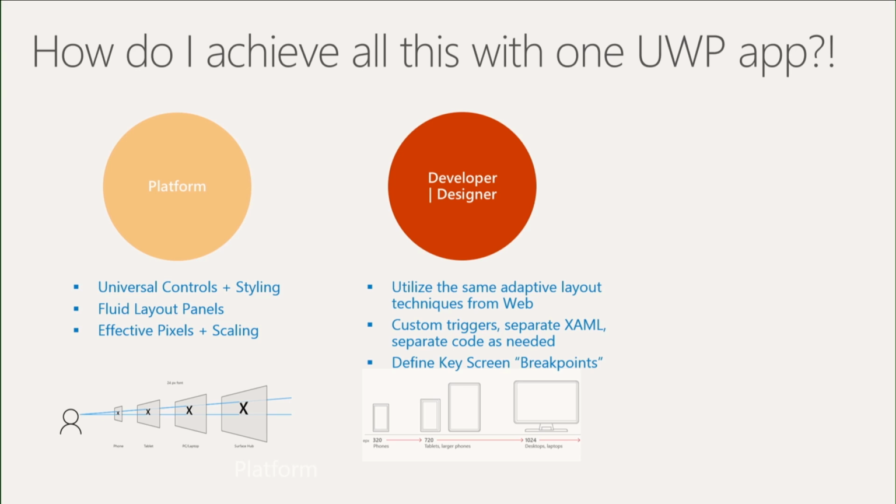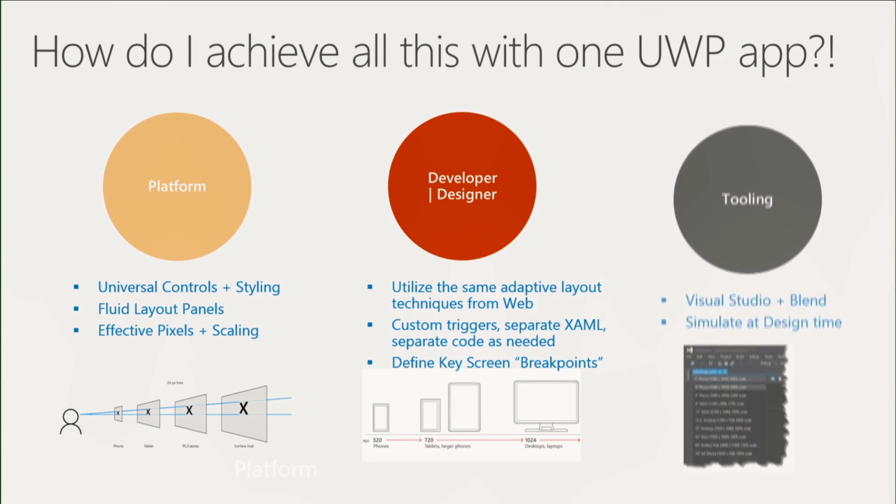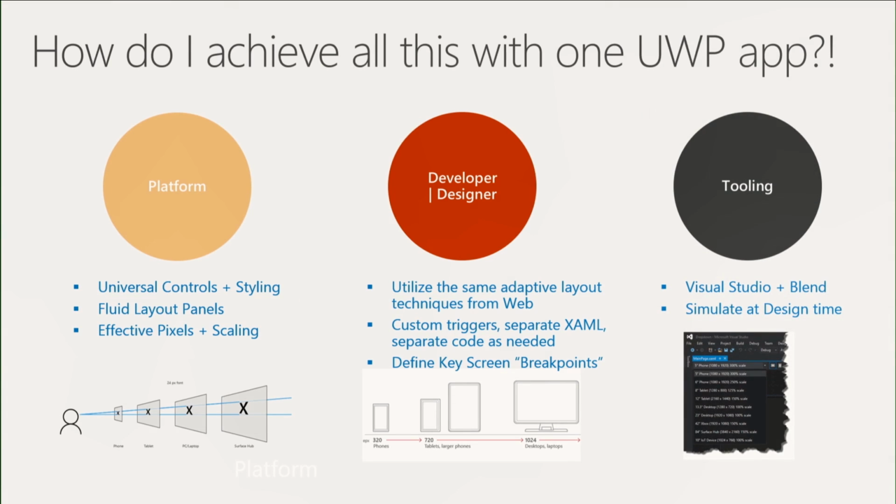So we have adaptive triggers that will modify the layout according to perhaps the screen width is the obvious one. Again, I've got a session on Wednesday, the great UX, user experience session, that is going to dig a bit deeper into adaptive layout in UWP apps. So, we've got all that, and we've got great tooling as well.